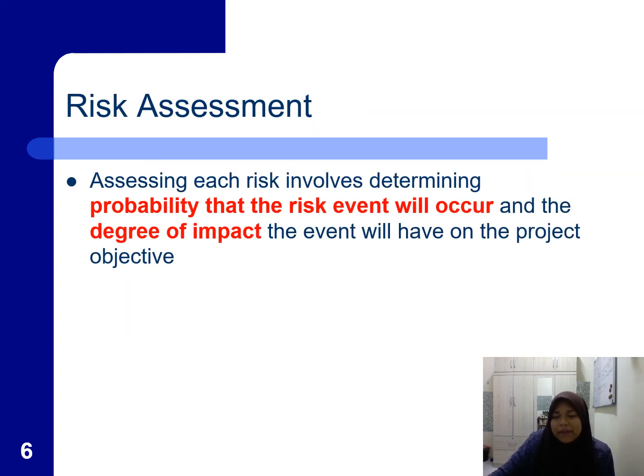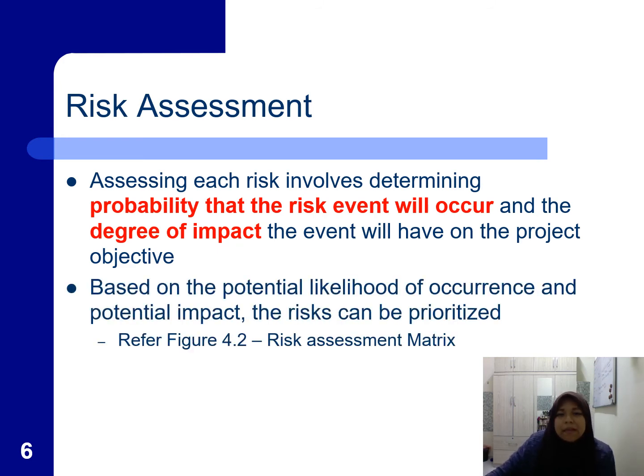Then after you identify it, you assess it. Assess means the probability that the risk event will occur and the degree of impact, is it high, low, or medium? After you have identified the risk, you already know which risk you are going to face. Now you need to assess whether it is a high risk, low risk, or moderate risk.